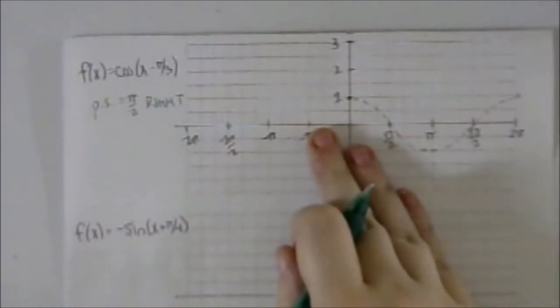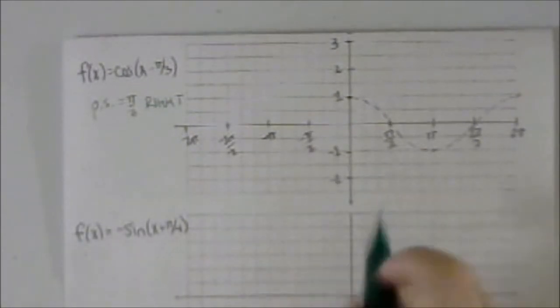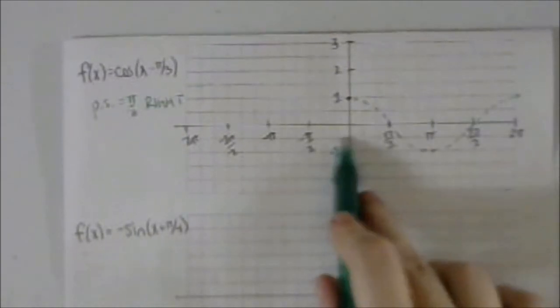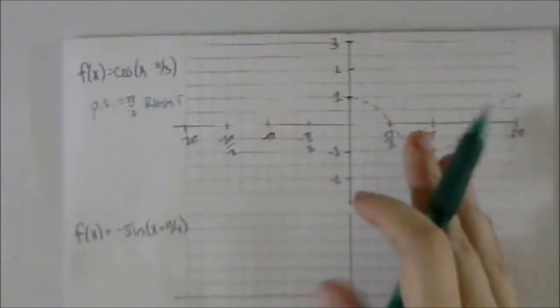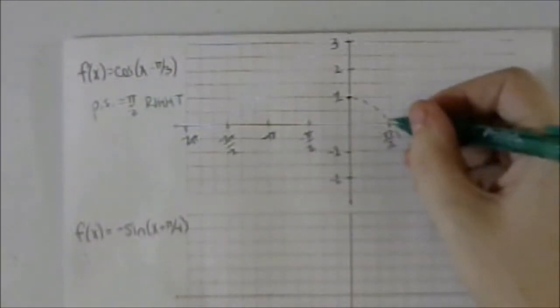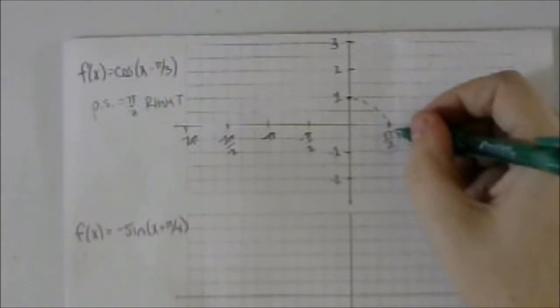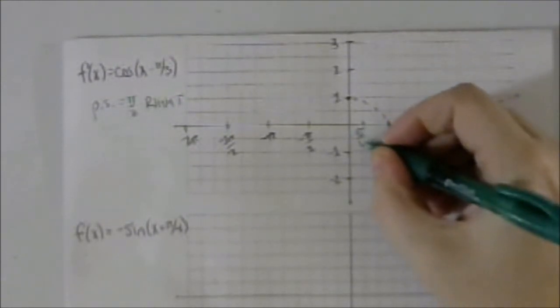That means every point on my graph needs to go pi thirds to the right. Well, I didn't label my graph with pi thirds. How big is pi thirds, and how can I determine exactly how far I need to move my graph? Here's what I usually apply. If I know that 3 boxes is pi halves, I can take pi halves and divide it by 3. That will tell me that 1 box is pi sixths.